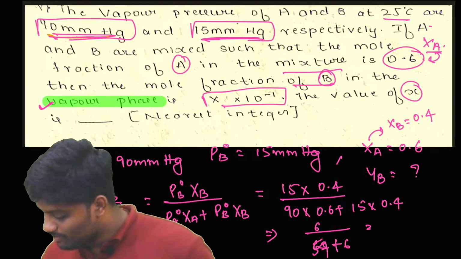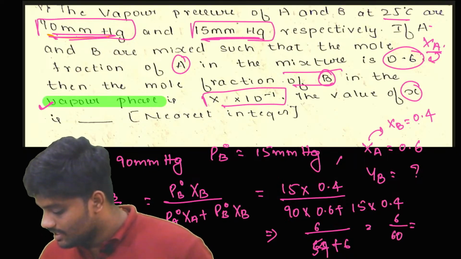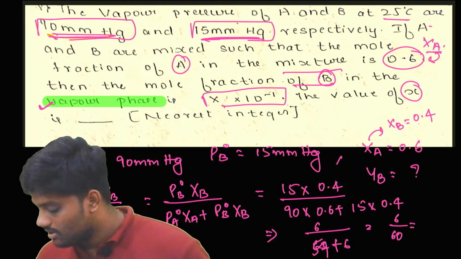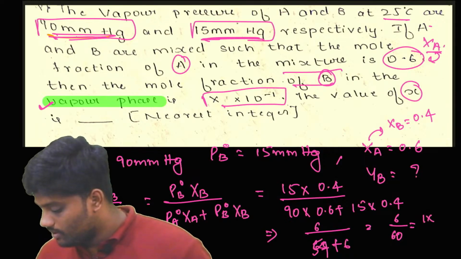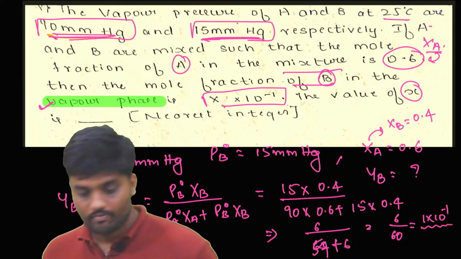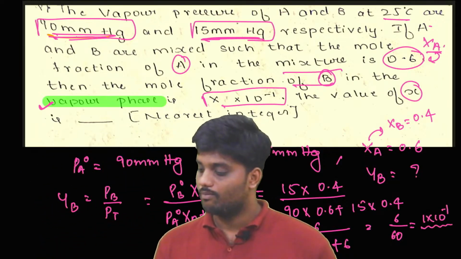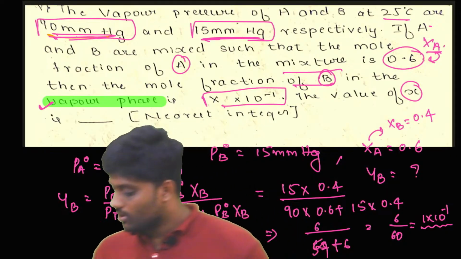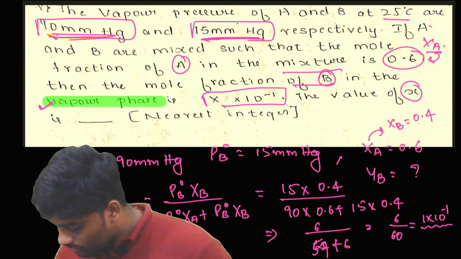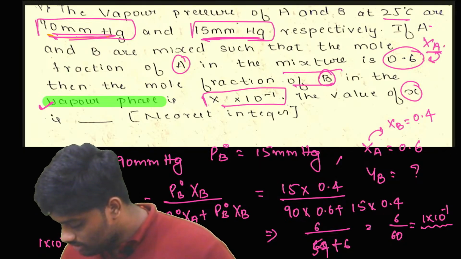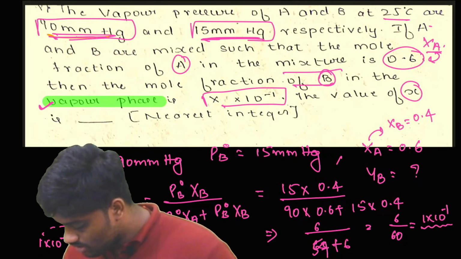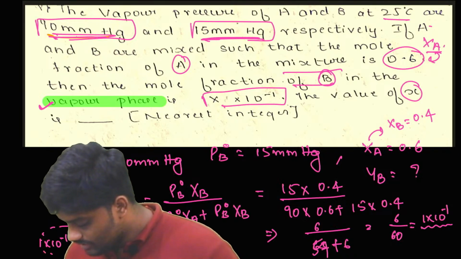From here you will get 6 upon 60. That comes out to be 1 into 10 to the power minus 1. So if I compare this with X into 10 to the power minus 1, X is equal to 1.